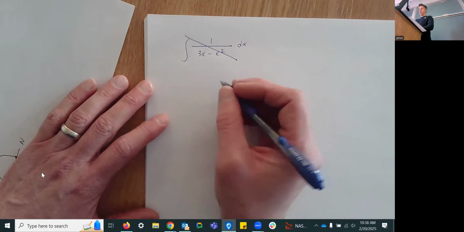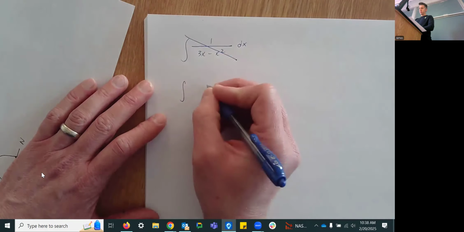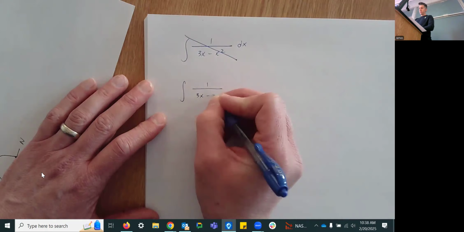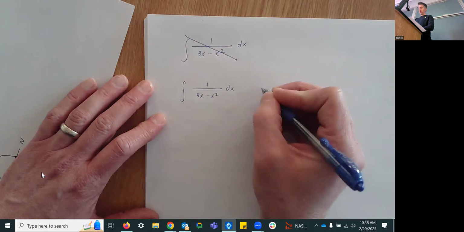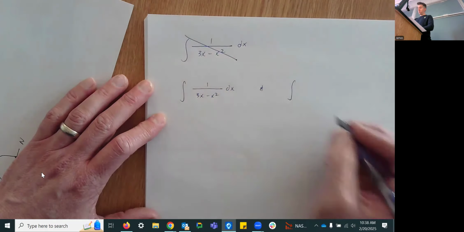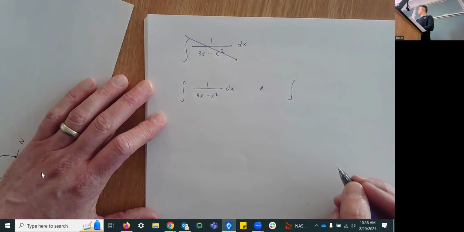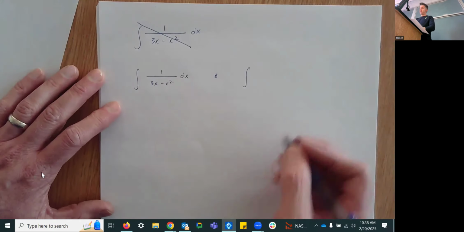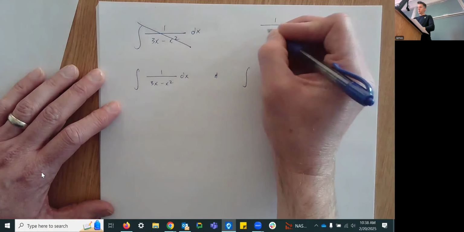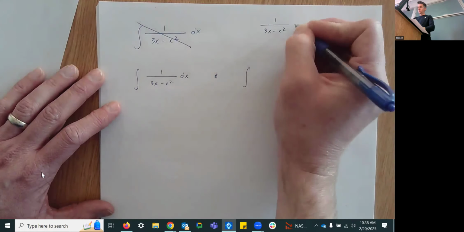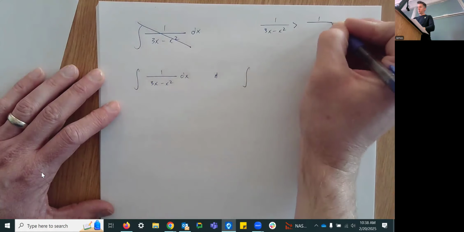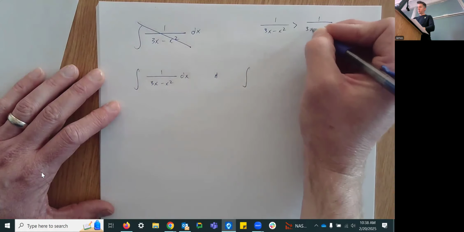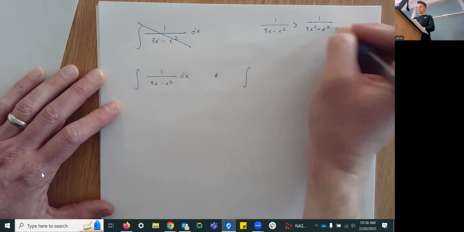So that one was one, and then the other one is the same thing, but the 3x is also squared. They just gave that integral, and then they gave 1/(3x minus x squared) greater than 1/(3x squared minus x squared), which is 1/(2x squared).